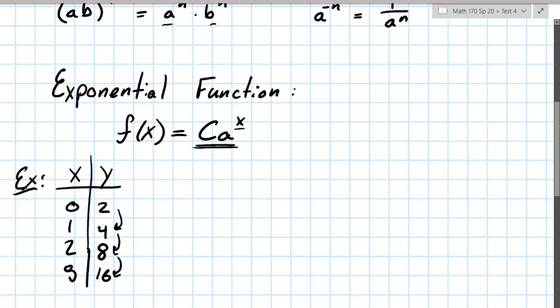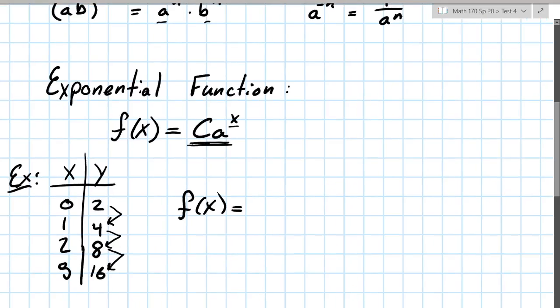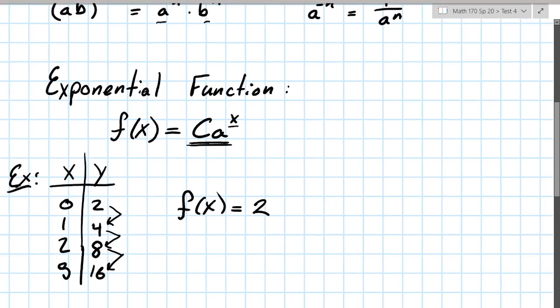So we know it's not a linear function because the rate of change or the slope is not constant. But what we can say is if we take the ratio of these, we are doubling, doubling, doubling. And so it has a growth factor of 2 here. So this function, f of x, is equal to, the initial value is 2 times 2 to the x power.